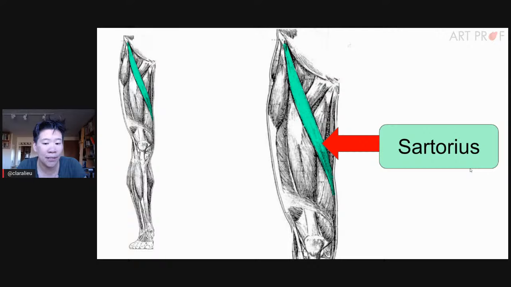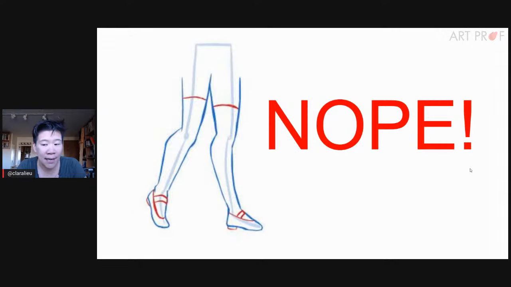And then the other thing to understand about the sartorius is that it just puts all this other stuff out the window. You know, these charts that you see online, people always put these marionette lines in the legs, and they're always straight down the middle. And it drives me up the wall. You know why?